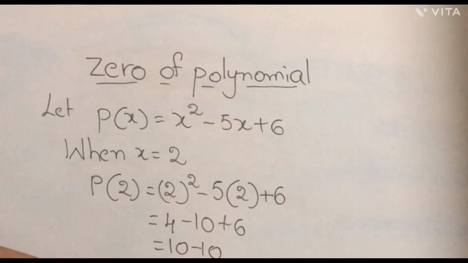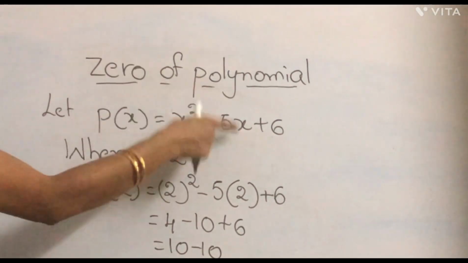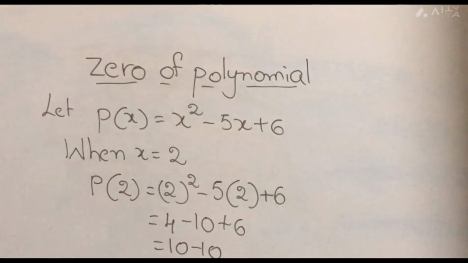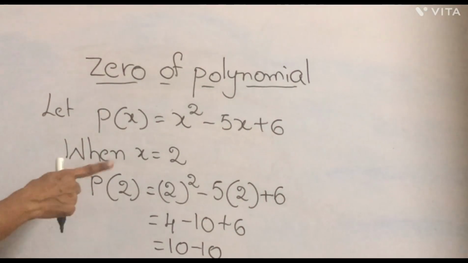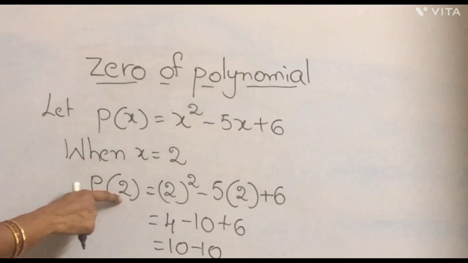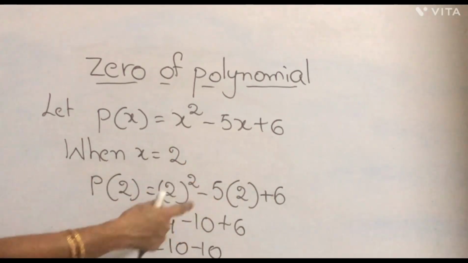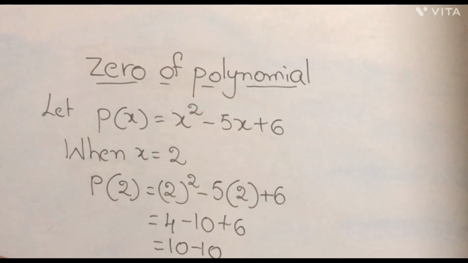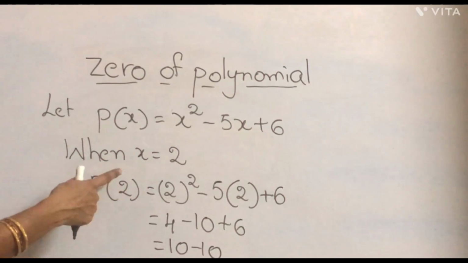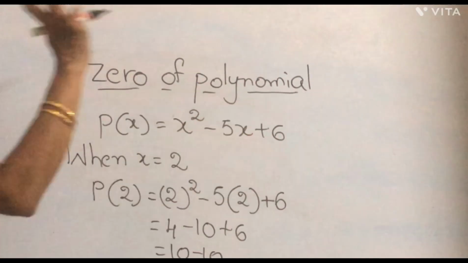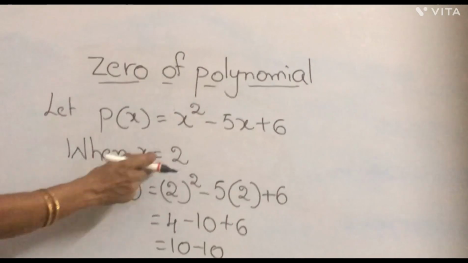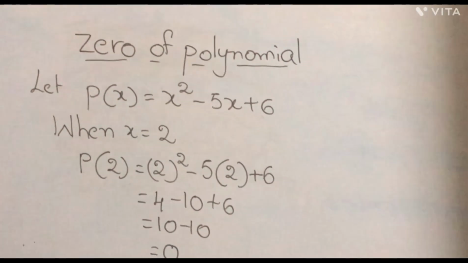So here we got the answer as 0. So this 2 is the zero of this quadratic polynomial. Once again I am telling, whenever we substitute one value in a quadratic polynomial or any polynomial, if we get the answer as 0, then that value is known as the zero of the polynomial. So here 2 is the zero of the polynomial.